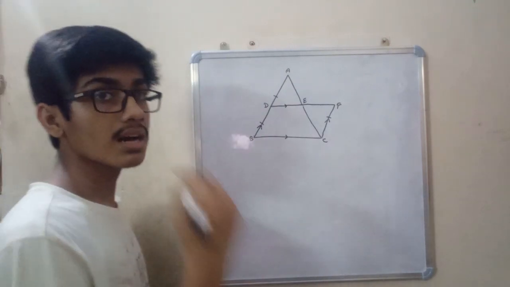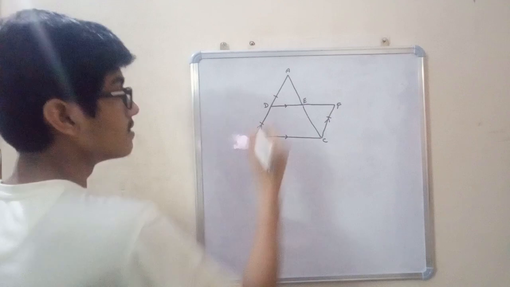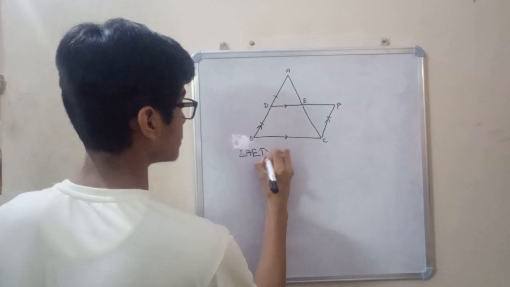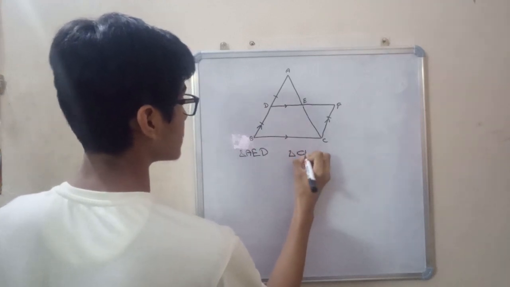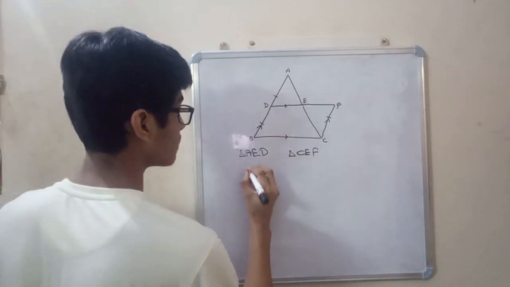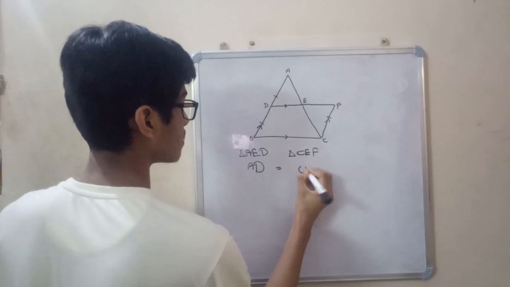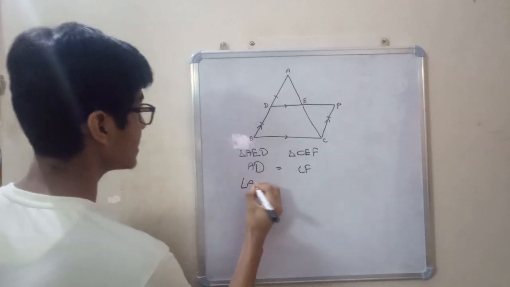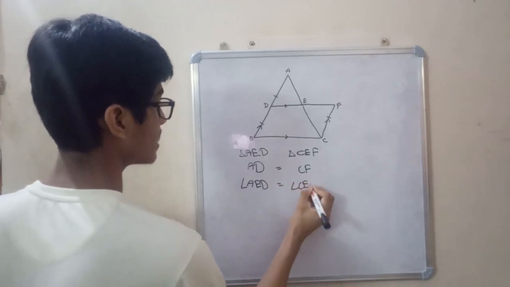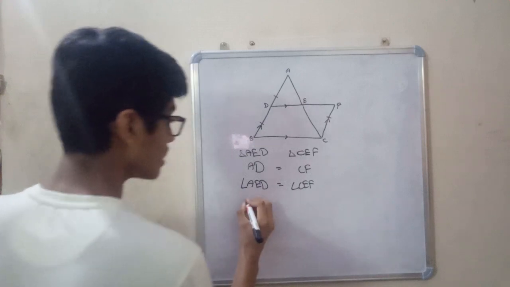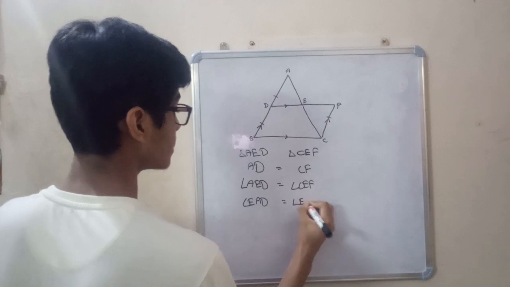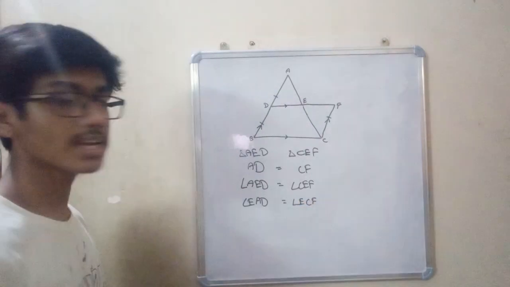Now we are again going to use congruency here. We again take the same triangle AED and triangle CEF. First thing, AD is equal to CF. Second thing, angle AED is equal to angle CEF. Third and last thing, angle EAD is equal to angle ECF, interior alternate angles.